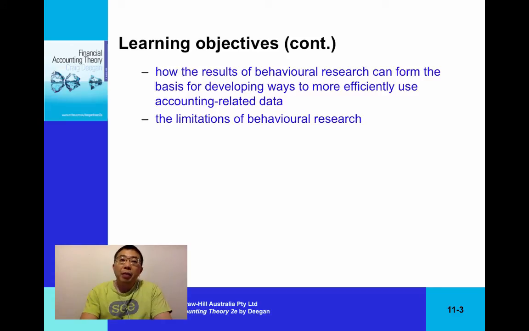The final part is looking at what the limitations are. As I mentioned in the previous video, we're not saying that capital market research is better or worse off than behavioral accounting research. They cover different things, they have different characteristics, and each has its own limitations. So we want to look at the limitations of behavioral accounting research as well.